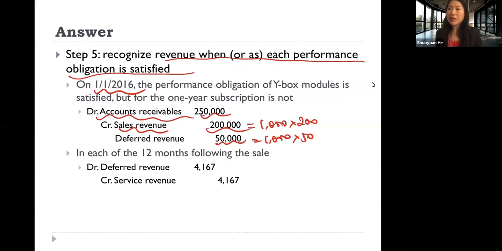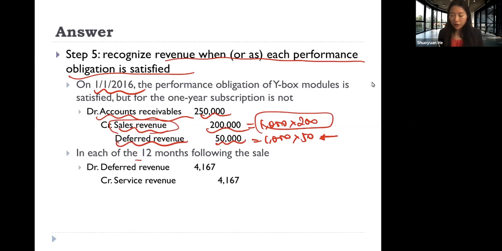Even though the firm delivered those physical modules, the firm hasn't performed the subscription service yet. So the subscription part cannot be recognized. It should be recorded as a deferred revenue. However, for the physical modules, they're delivered already, so they can be recognized as sales revenue.